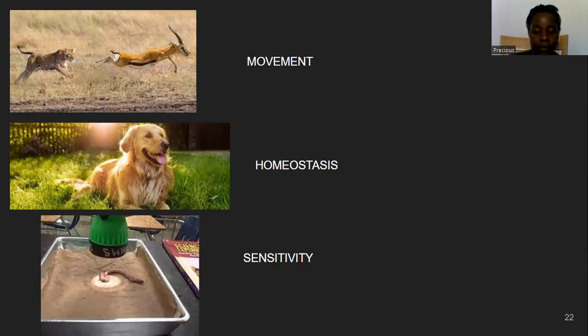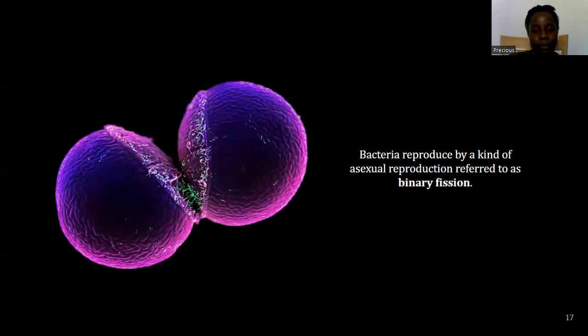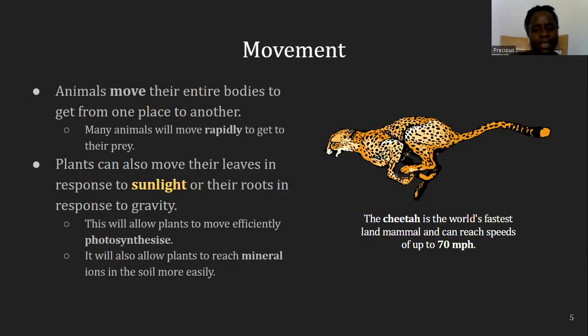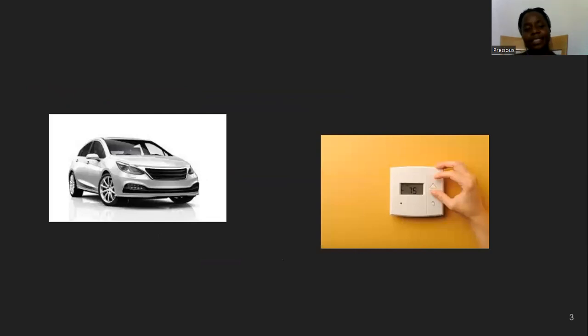All right, so hopefully everybody was able to do that. I'm going to take us back to the first slide where we had that weird question and see if we can think about what our answer to this is. So what do living things have in common with a car and a thermostat? The hope is that we've come to learn, well, cars move. Most cars have to be moved, but now we're getting to the era where we have automated cars that can potentially move on their own.